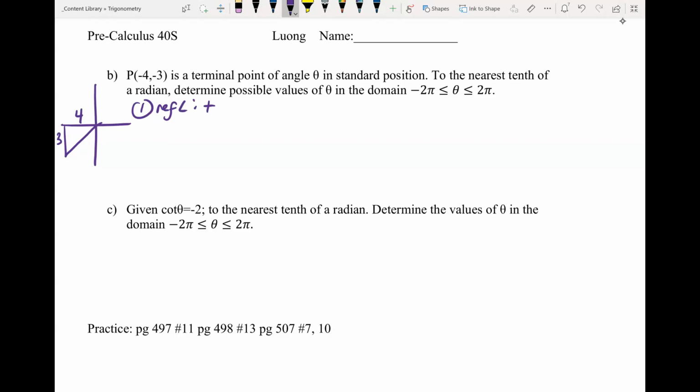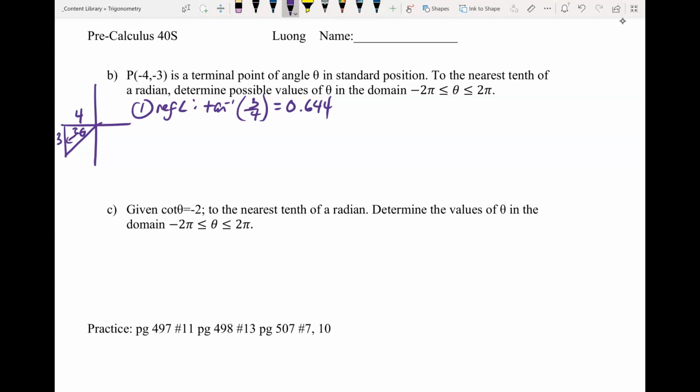So we'll do tan inverse of opposite over adjacent. So that's tan inverse of 3 over 4, which is 0.644 as our reference angle.